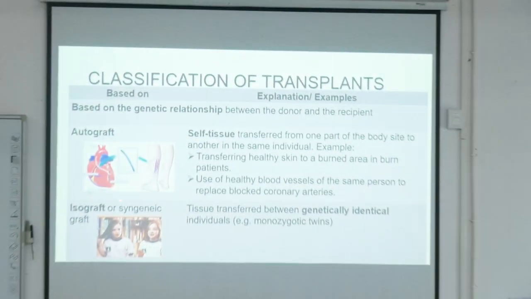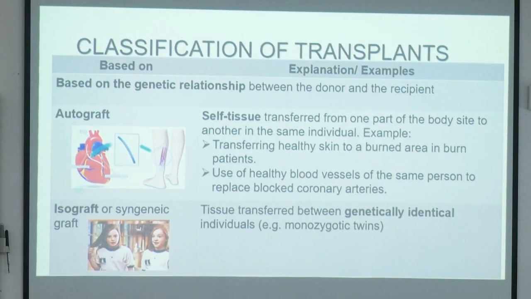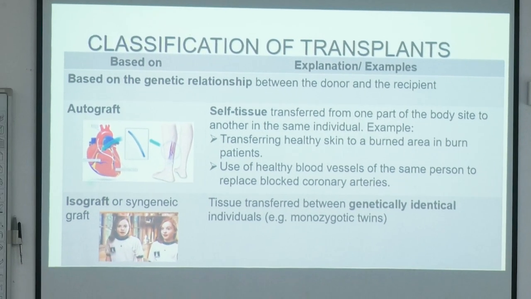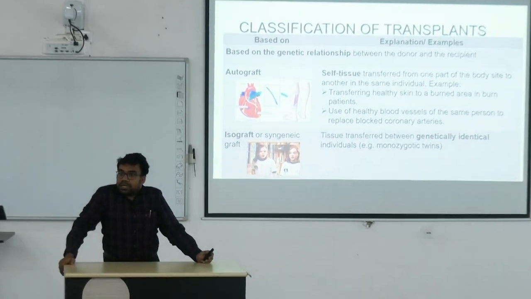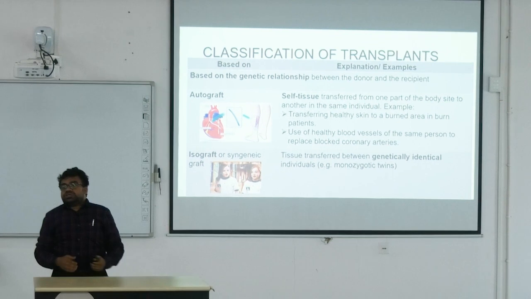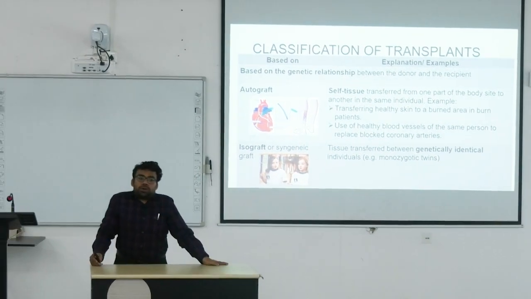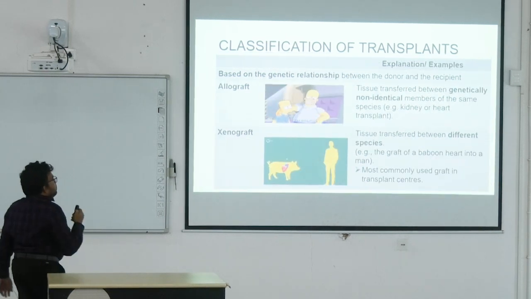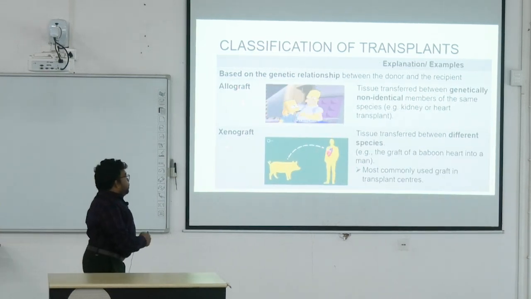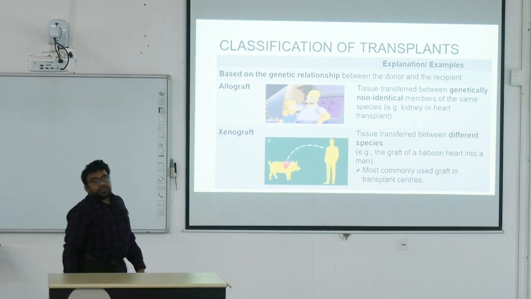Isograft or syngeneic graft is when the donor and the recipient are identical twins. Because they are identical twins, the genetic similarities are probably the highest. Now coming to two important parts, allograft and xenograft.